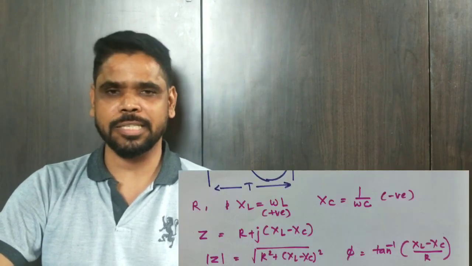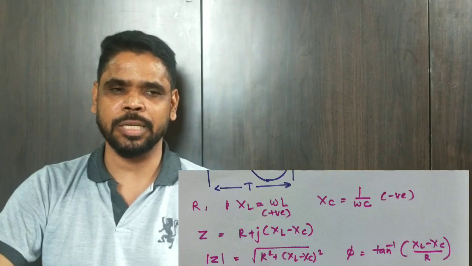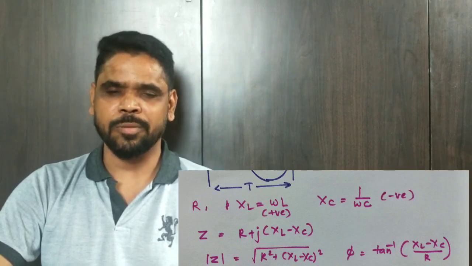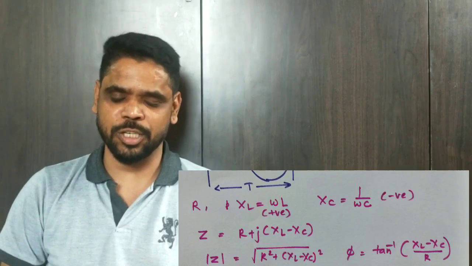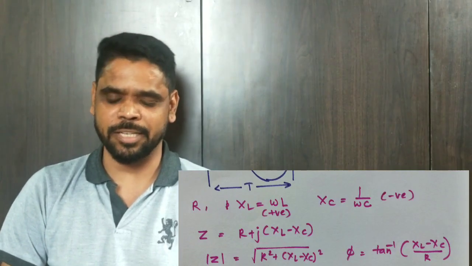The inductive reactance is positive, whereas in the case of a capacitor, the current decided by the capacitor as per Ohm's law is due to an effective resistance called the capacitive reactance, which equals 1 upon omega into C. The capacitive reactance is negative because the effects of capacitive and inductive reactance are exactly opposite.